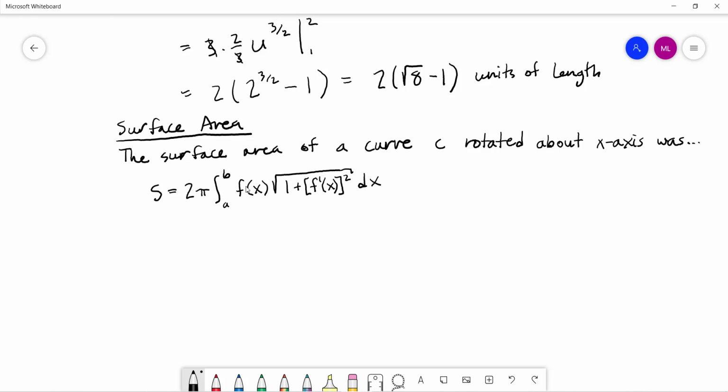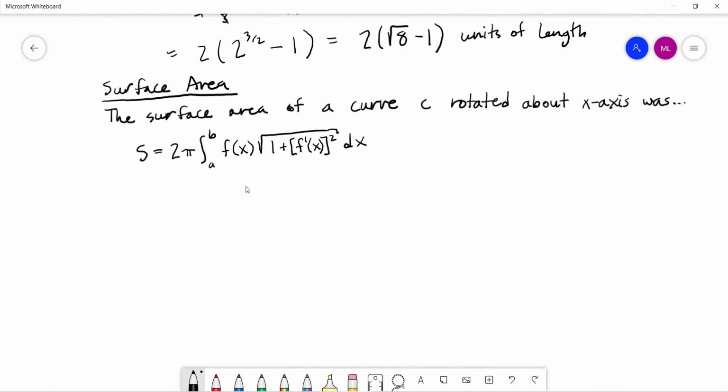So this was the old formula that we had, one of several we had for surface area. We had different versions depending on whether you're rotating about the x-axis or the y-axis. But this is just a formula copied from a couple of chapters ago.